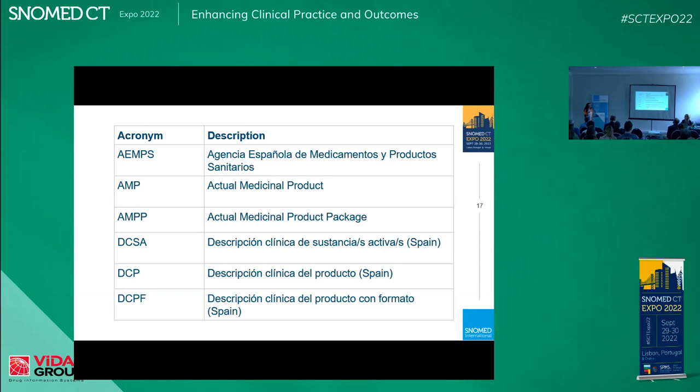VIDAL virtual objects work as a quality control for checking, for example, if the dose forms or the pharmaceutical dose forms are correct. For example, in Uruguay, we had a case recently with a COVID vaccine from AstraZeneca.